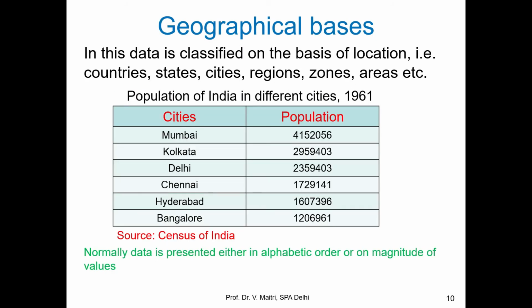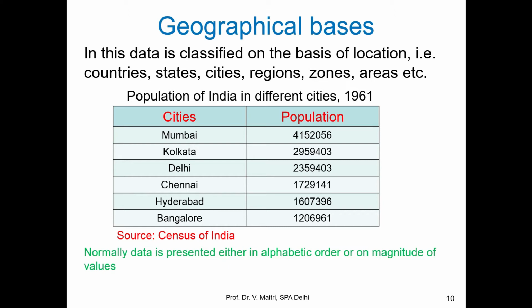First of all, the geographical basis. In this we classify the data on the basis of location: country, state, cities, regions, zone or area wise. So anything which we present country wise, state wise, city wise, region wise, zone wise or area wise is known as the geographical way of presenting the data, or geographical basis.